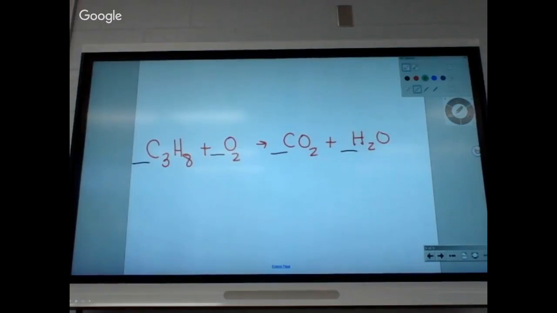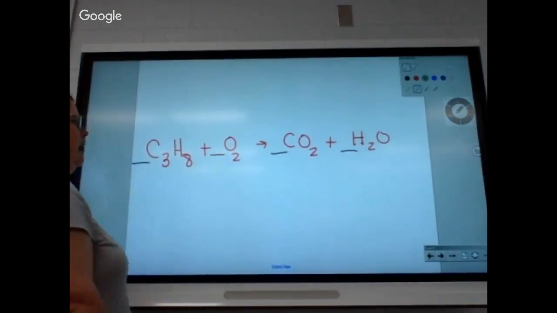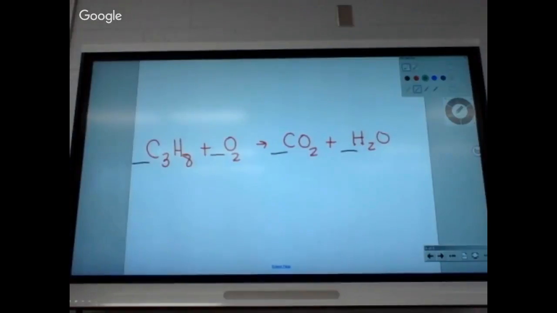Why do you think I would tell you to do the O last? Because it's by itself and we can fix it last and put whatever we need in front of it. I would either do the C or the H first. I typically start with C because it's first and then do H. But O would be last because it's by itself and then I can come in and write whatever I need last. So it doesn't matter if you do C or H first.